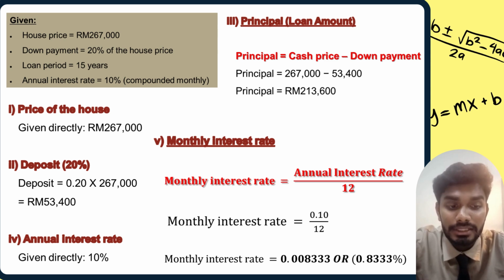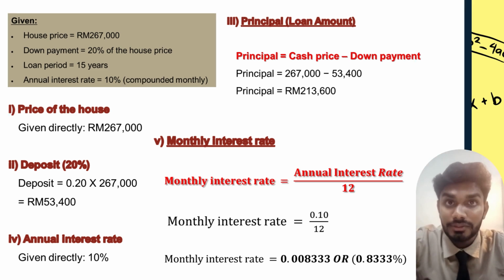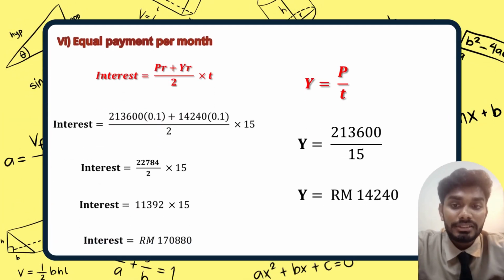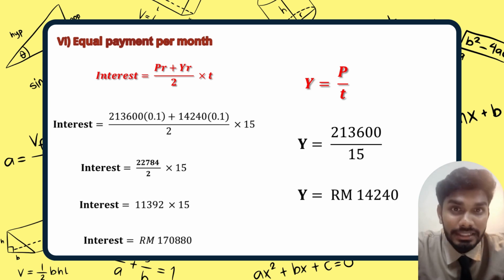So 10% divided by 12 months gives a monthly interest rate of 0.0083, which means 0.8333%. Next, the equal payment per month. For this question we need to check what kind of loan it is: a personal loan, a car loan, or something else? But this is a housing loan.